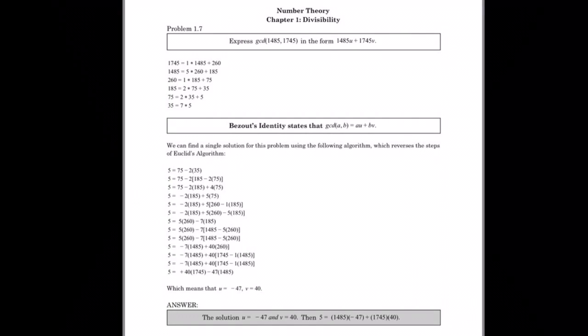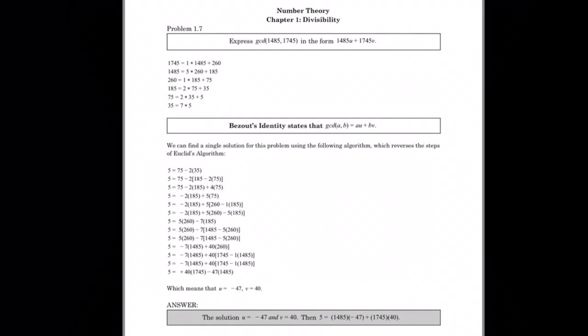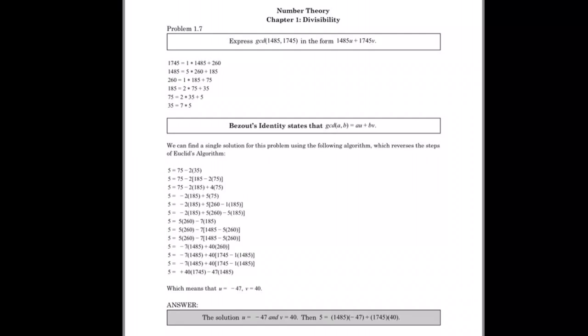Then, for the next line, I'll use the line above in the solution using Euclid's algorithm. So we know that 35 can be expressed as 185 minus 2 times 75. That's useful because now we have 2 larger factors, and if you distribute in the negative 2 and regroup, you have line 4, which is 5 equals negative 2 times 185 plus 5 times 75.